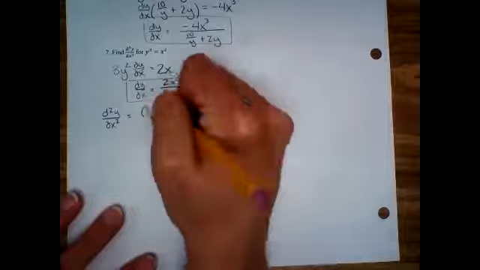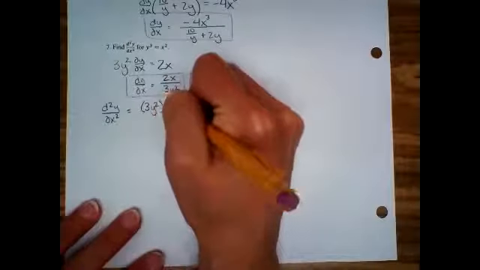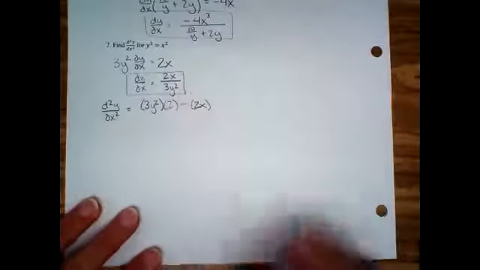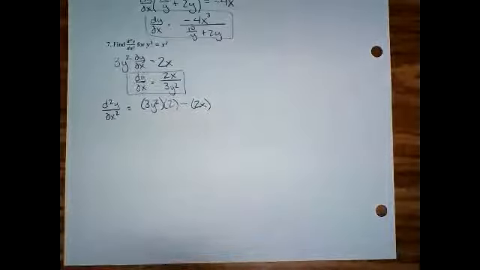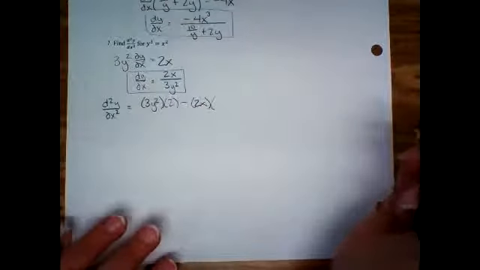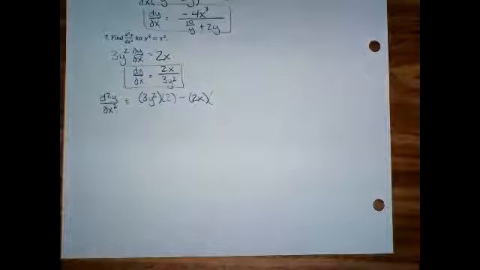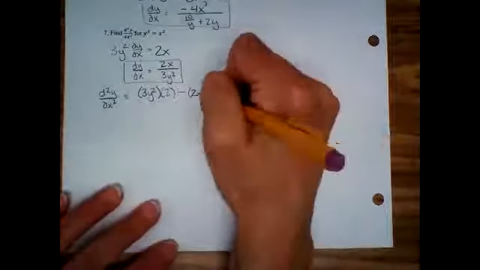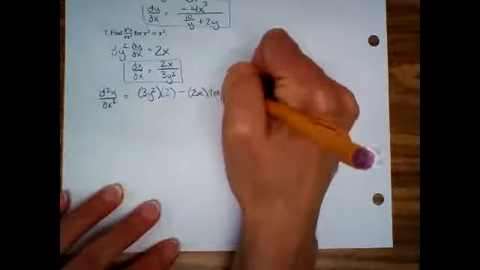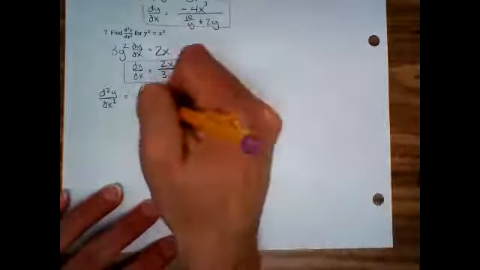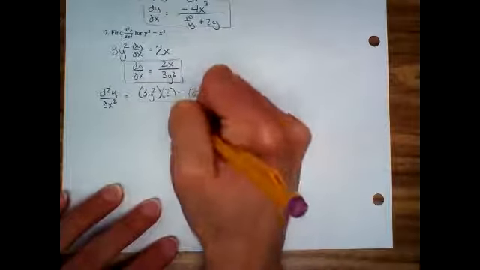That'll just be 2, minus the numerator, and then times the derivative of the denominator. All right, what is that going to be? Yeah, perfect. 6y dy/dx, and then over the denominator squared.